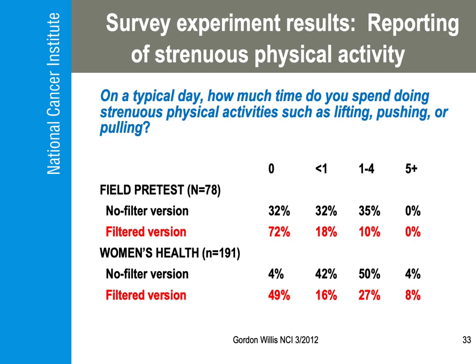In both cases, the effect was substantial. Including the extra filter question increased the percentage of no reports of strenuous activity from 32 to 72% in one case, and from 4% to 49% in the other. There are two lessons that we took from this.